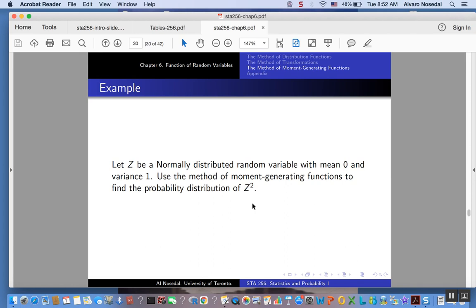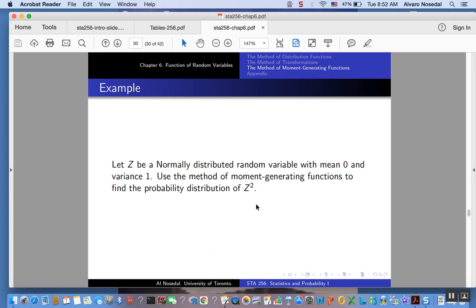But now, what's the idea behind the method of moment generating functions? The idea is to exploit the uniqueness property of MGFs. So what we're going to do is find the MGF of the function we are interested in, and then by the uniqueness property of MGFs, say that after we do our calculations we ended up with, hey, this is the MGF of a normal.